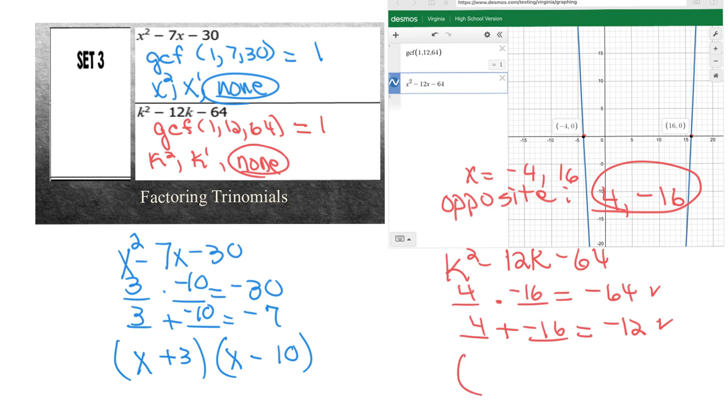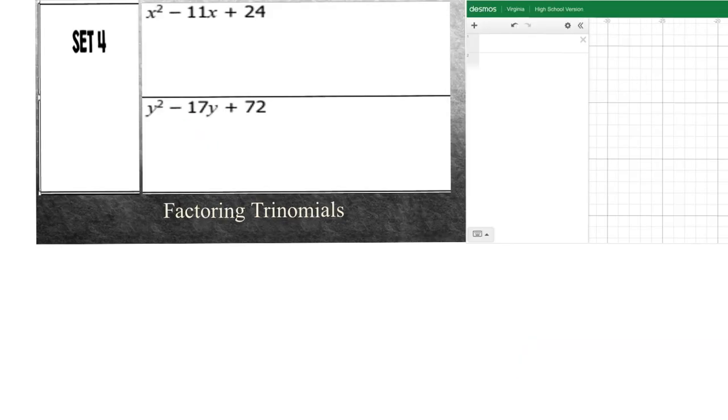So my answer, two parentheses, to get k squared, I multiply k times k. I'm going to use positive 4 and negative 16.